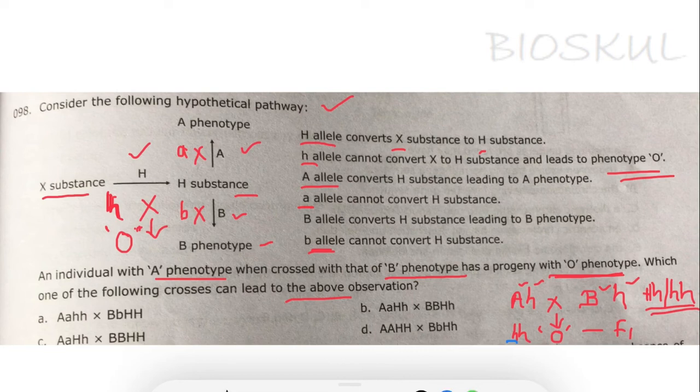So now we'll look into the cross. Look at the first option. Here the individual has A allele present in heterozygous dominant form, so it will produce A phenotype. Similarly, this individual will produce B phenotype because B is present in dominant form. Now look at H, that is required for the formation of O phenotype, small h.